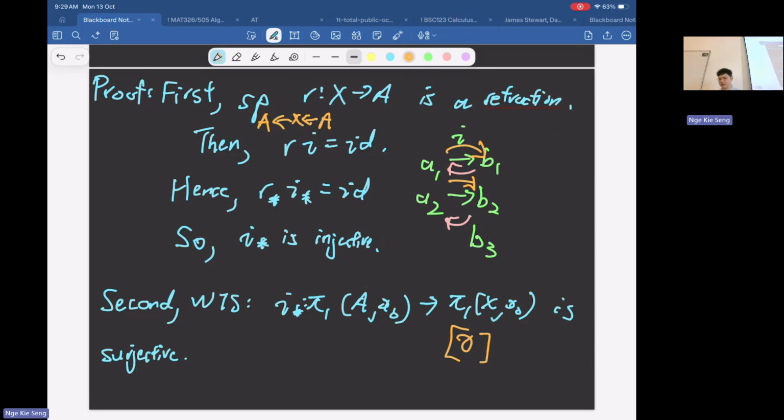How do you produce a loop in pi 1 of A? Obviously, you need to use the deformation retract. So suppose you have a deformation retract.